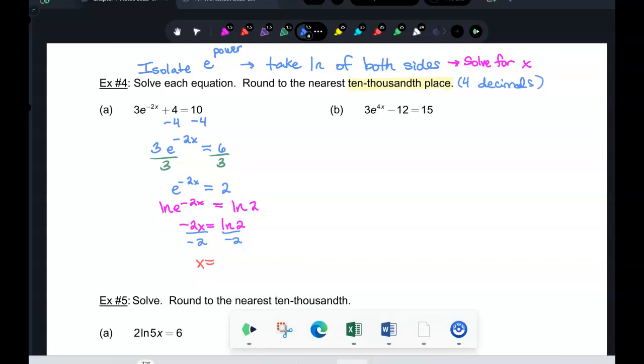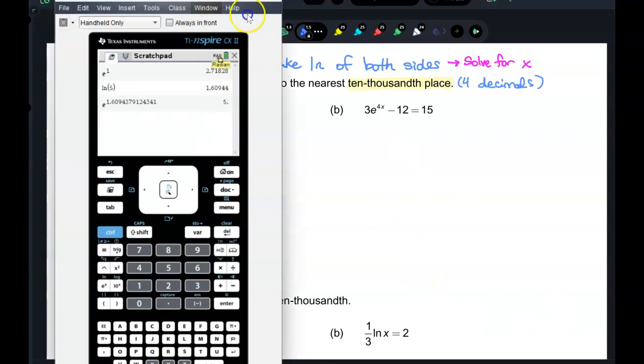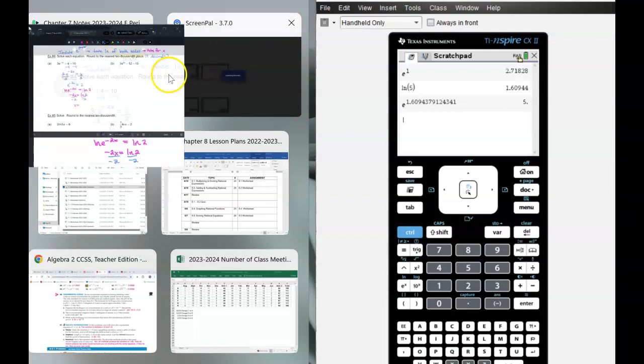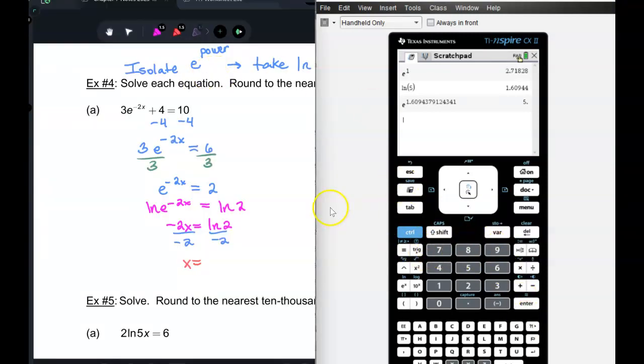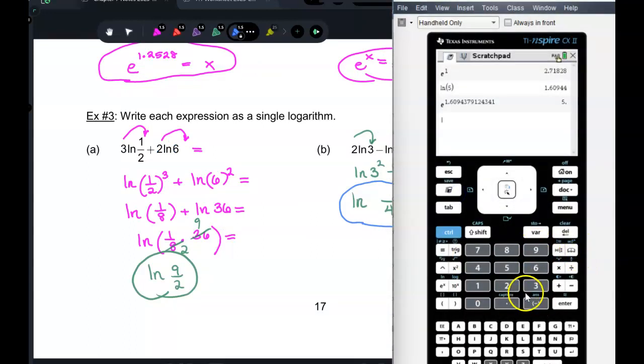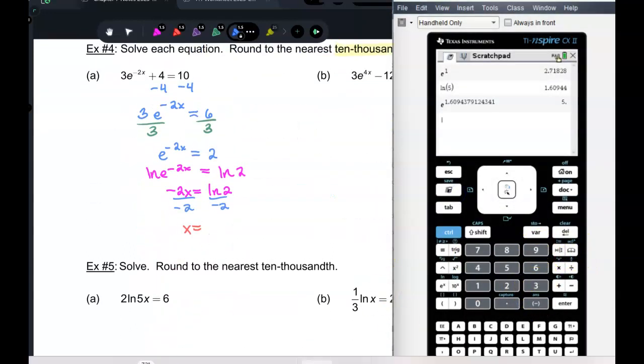On the calculator, I got negative 0.346574. So rounded to 4 decimals, it's negative 0.3466. Cool.